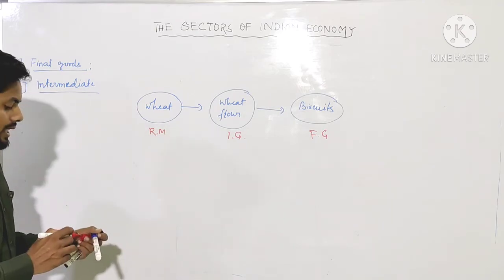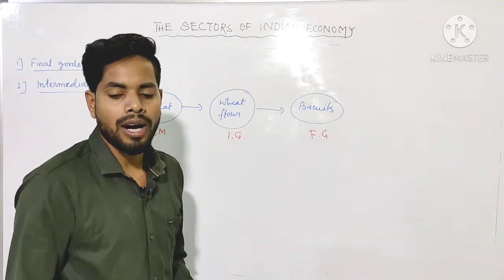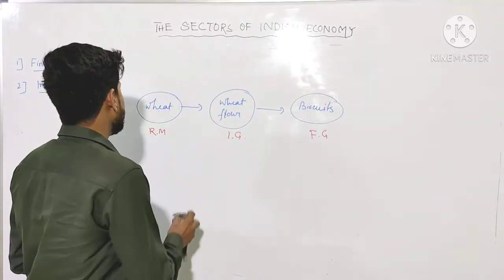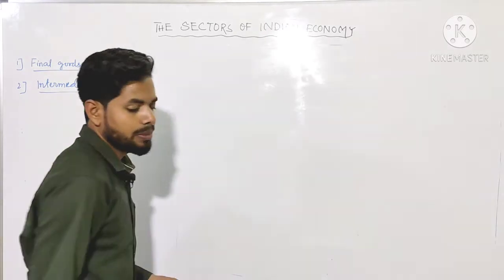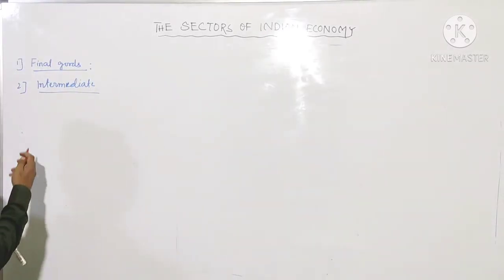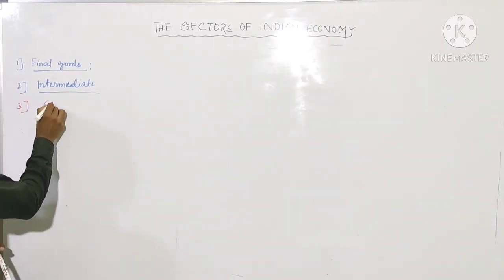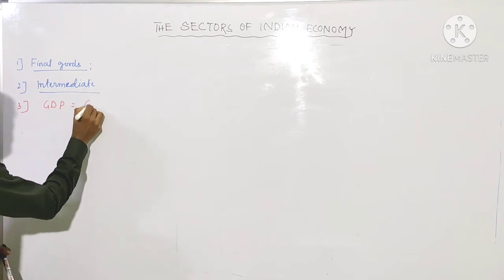Next we see the GDP. What is GDP? The full form of GDP is gross domestic product.